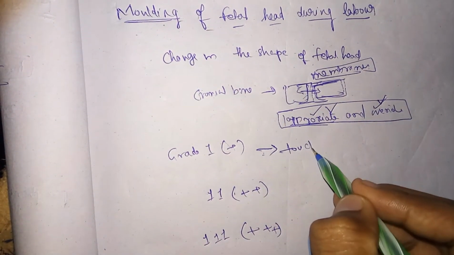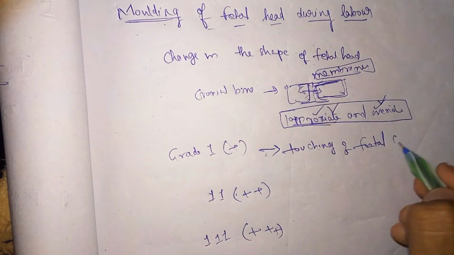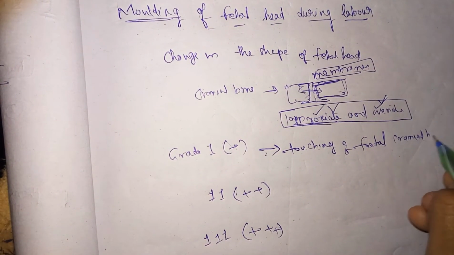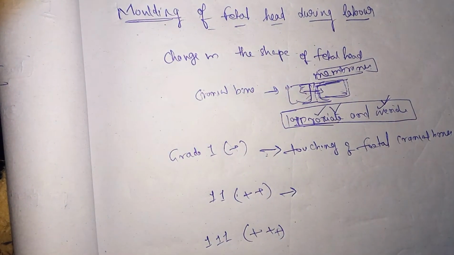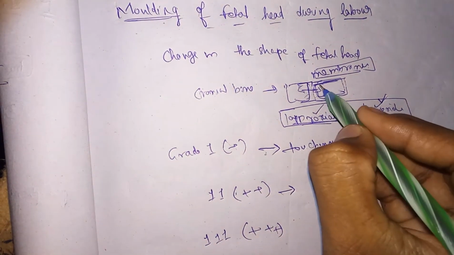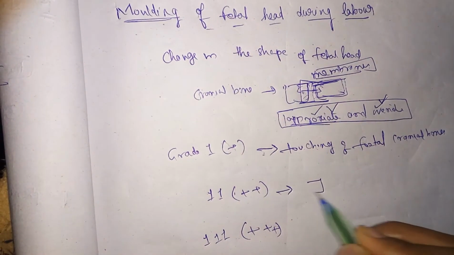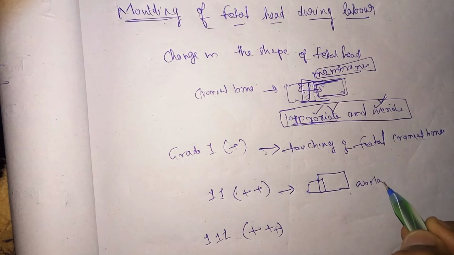Touching of fetal cranial bones, right? In plus 2, in grade 2, the bones will overlap. These bones will overlap on each other, but this overlapping is reversible.